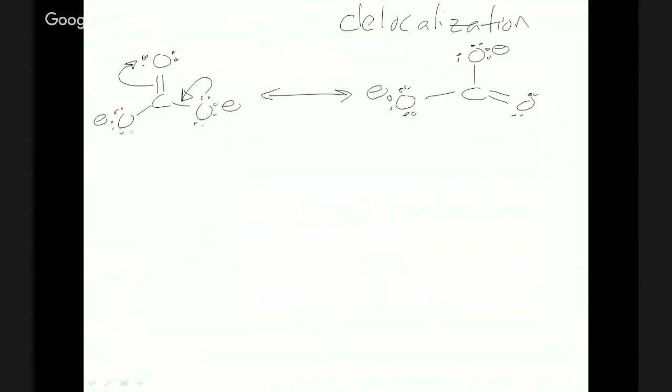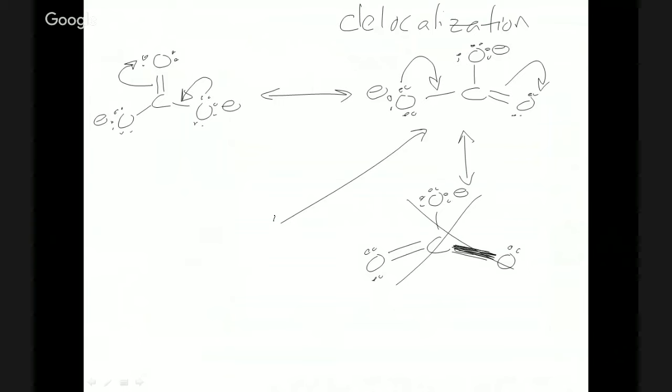Notice that through this resonance form now we've moved the negative charge onto a different oxygen. Let's draw another one. These electrons can push in and push these back to that oxygen. All right, that was a mistake. Single bond there. Let me redraw that.